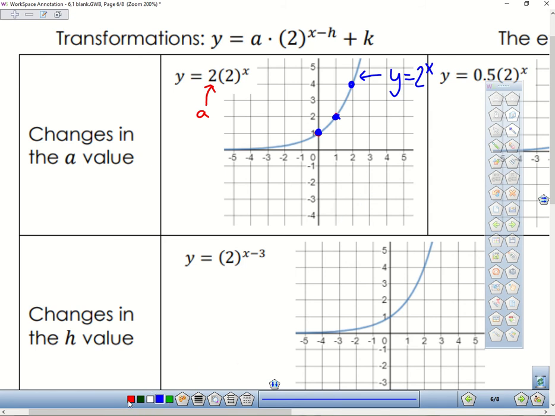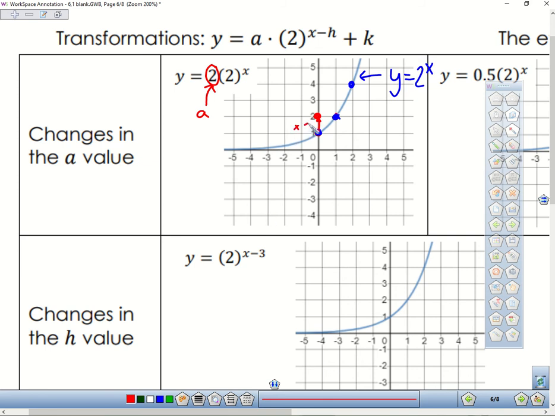And now we're going to apply this vertical stretch, okay? If it's a vertical stretch, it's going to be affecting the y values, right? And it's going to be multiplying them by what? 2. So we're going to take our y values and multiply them by 2. What's 1 times 2? 2. This is moving up to 2.